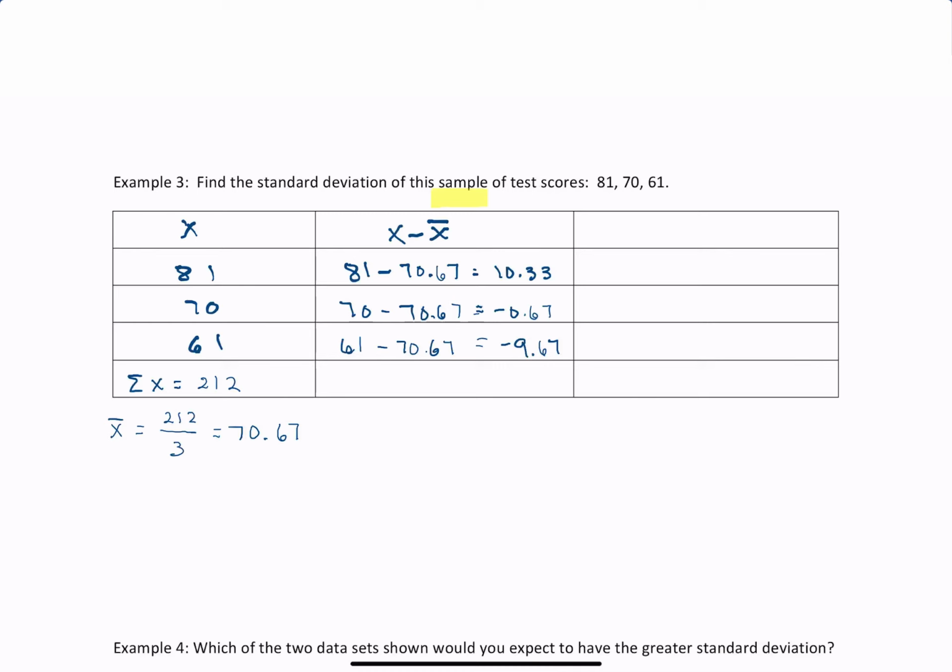Now I need to square those numbers. And of course I'll do that on a calculator again.